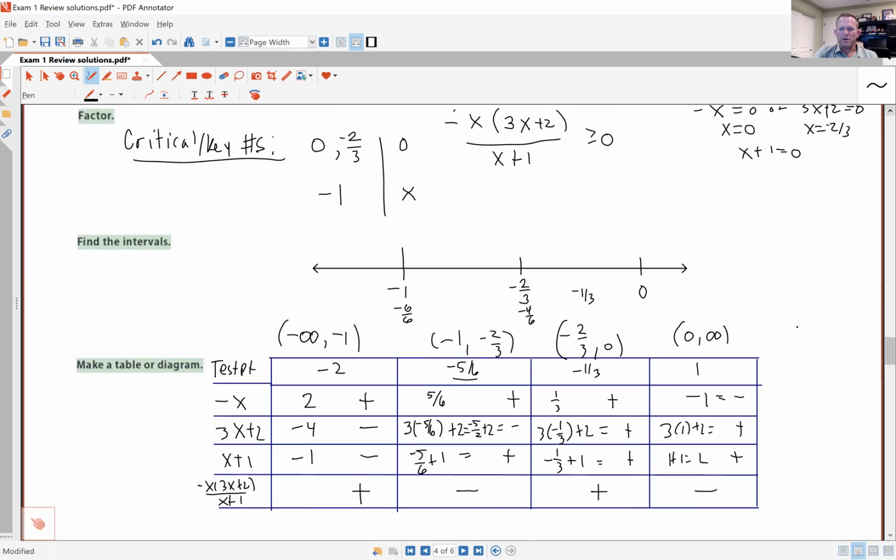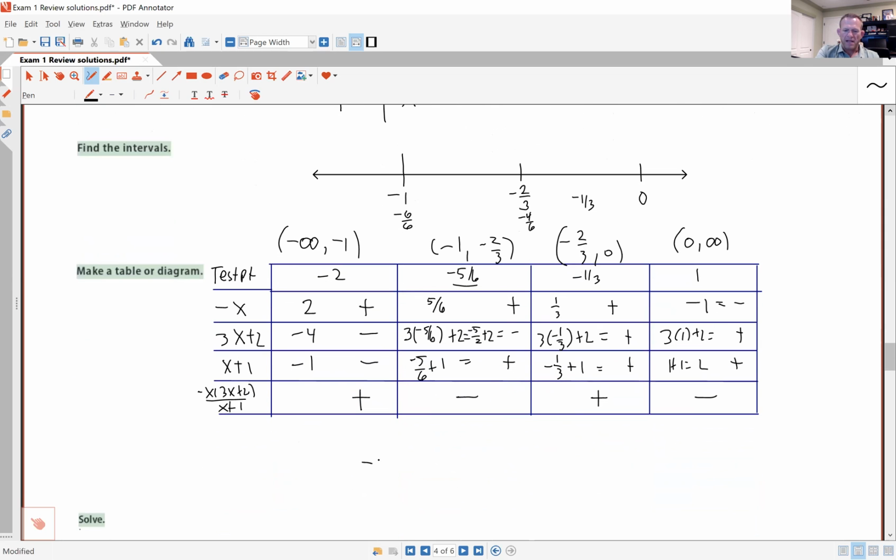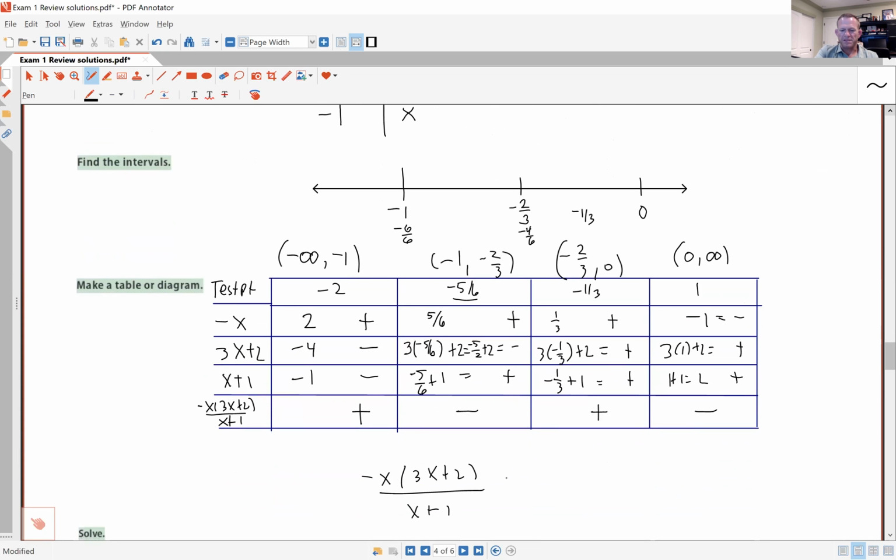So we remember that we were asking for when negative x times 3x plus 2 divided by x plus 1 is greater than or equal to 0. Let's go back up into our interval.